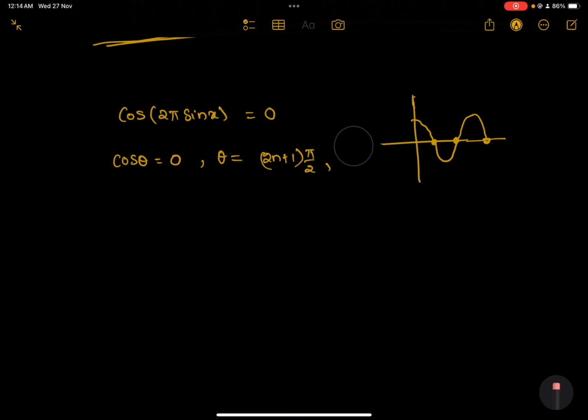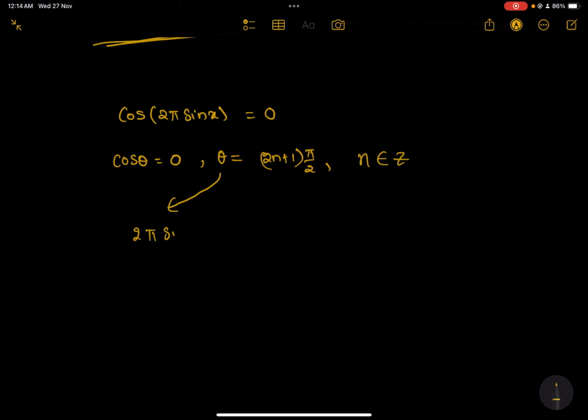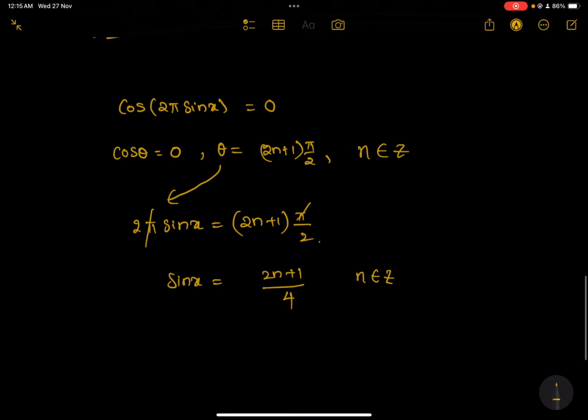Correct? n is an integer. So here θ is 2π sin x. 2π sin x is (2n+1)π/2. So π and π get cancelled. sin x is equal to (2n+1)/4, n belongs to integers.